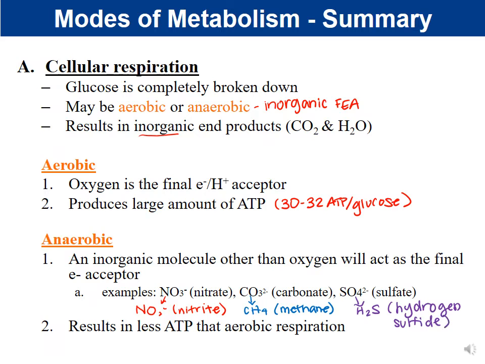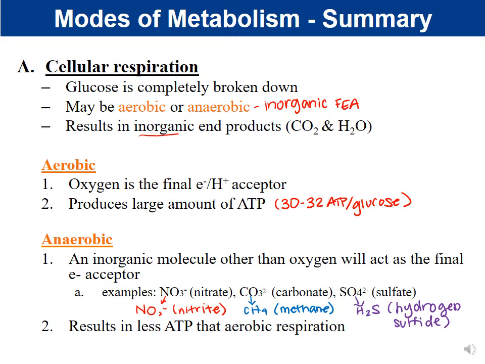And for hydrogen sulfide, what test did we do that was basically looking at this? What test did we do that we were seeing if hydrogen sulfide is produced, meaning if sulfur was reduced? So that would be our TSI, right? Our TSI was looking at if sulfur can be reduced to form the hydrogen sulfide. And so what we were essentially testing was, can sulfate be the final electron acceptor during anaerobic respiration?